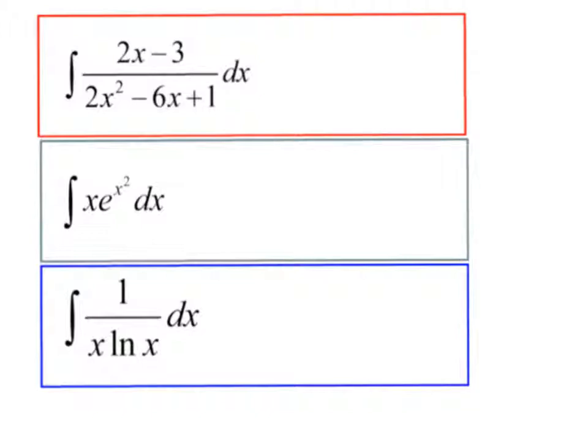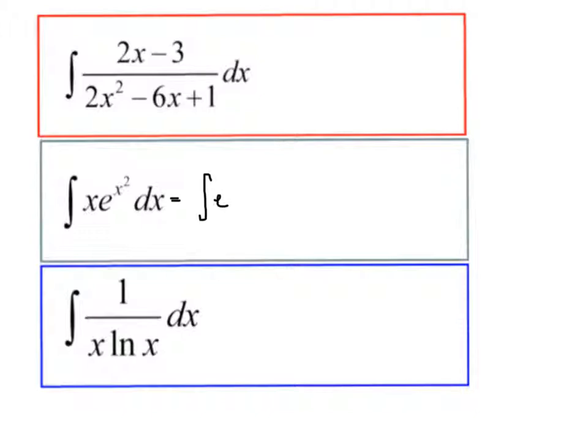For example, maybe I would like to do the gray box one here first. I've got a product here, x multiplied by e to the x squared, where if I made u equal to x squared, du would be 2x. Well, I've got an x dx. And sometimes it's nice to even rewrite the problem in a new order.